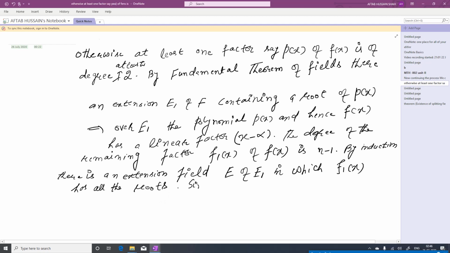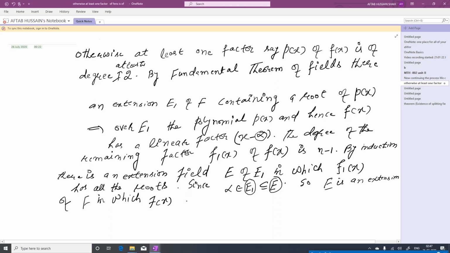Now since alpha is in E1 and E1 is in E, one root of this polynomial is alpha and the rest are in E. So this means all the roots of the polynomial f(x) are in E. So E is an extension of F in which f(x) has all its roots, or you can say f(x) factors completely into linear factors.